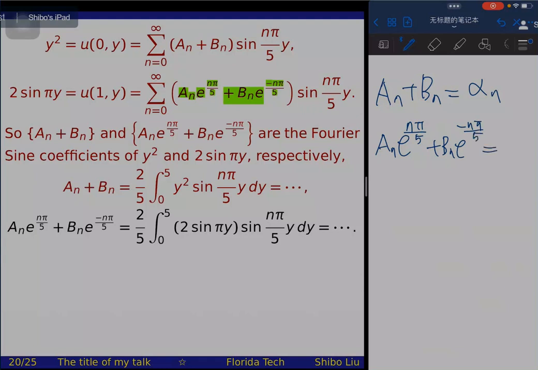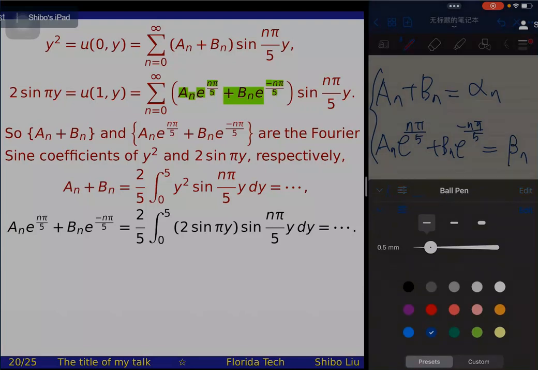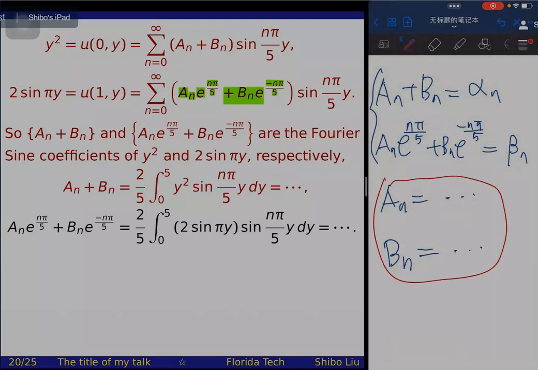This integral can also be computed explicitly, and of course the value depends on n. We denote it by beta n. Then from these two equalities, you can solve an equal to something and bn equal to something, which are the final an and bn computed here.